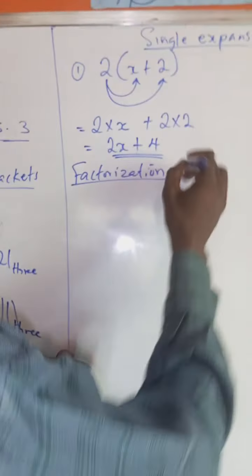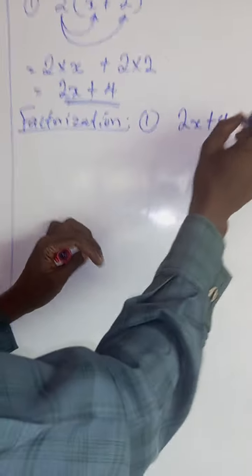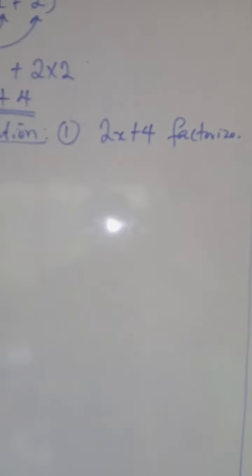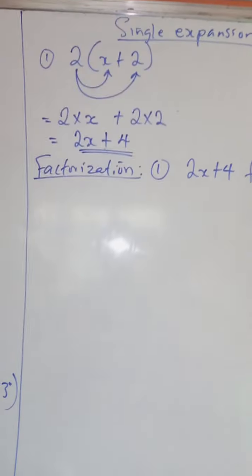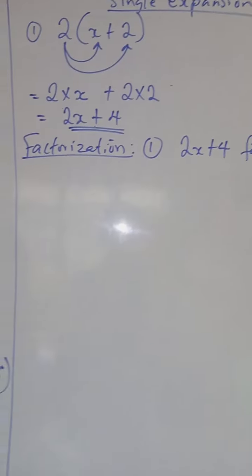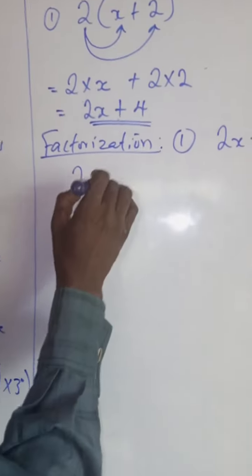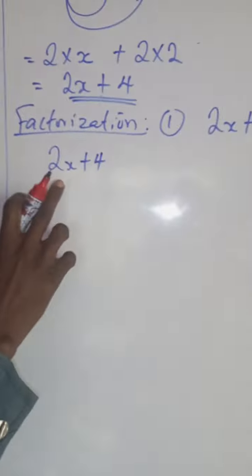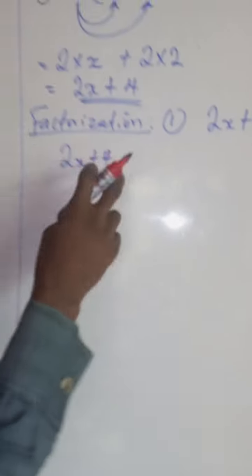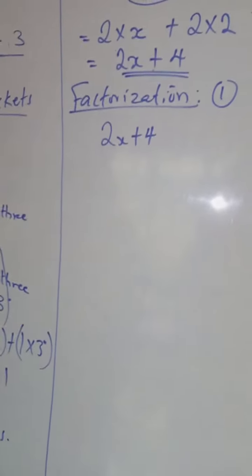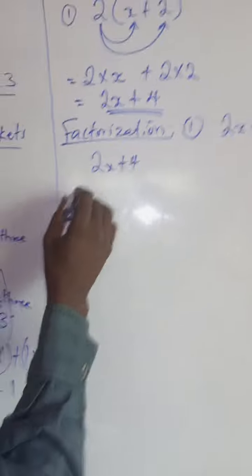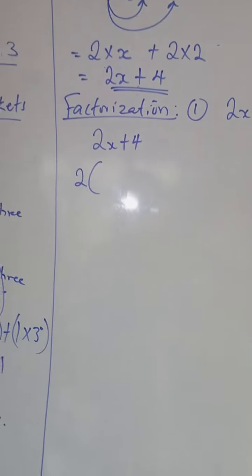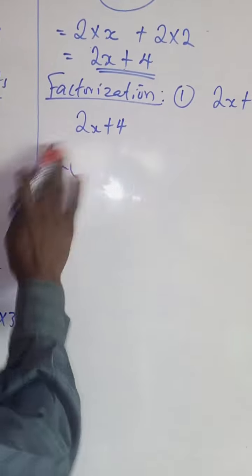Given this 2x plus 4 and I am asked to factorize. If you are asked to factorize this, simply you are asked to return it into the brackets. So what you do is that for 2x plus 4, you look at what is common to both of them. 2 can divide this and 2 can divide this.